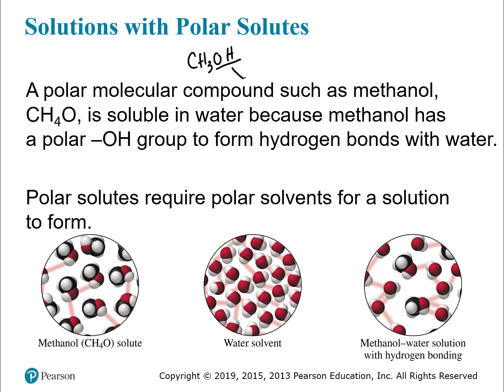Yes. That is a polar group, this OH here. And it can interact with the water, so it can form hydrogen bonds. Because it can form those hydrogen bonds, it can be dissolved.